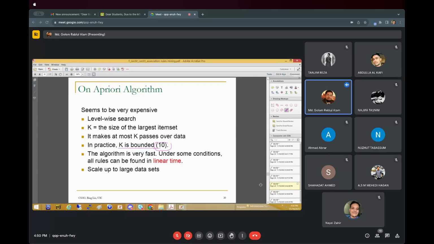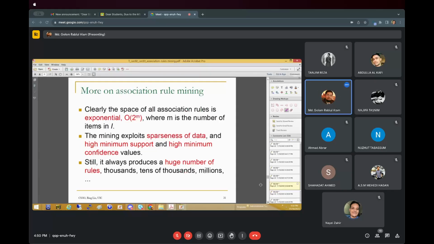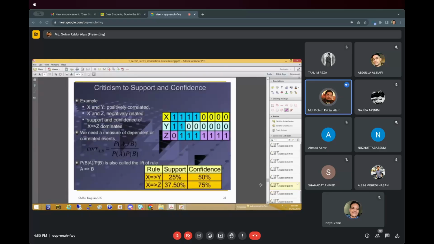That's why it is recommended. It's not a hard and fast rule, but it's better to keep it within 10. This is the complexity for that, order of 2 to the power m. This is also one of the pieces of information for the association domain.